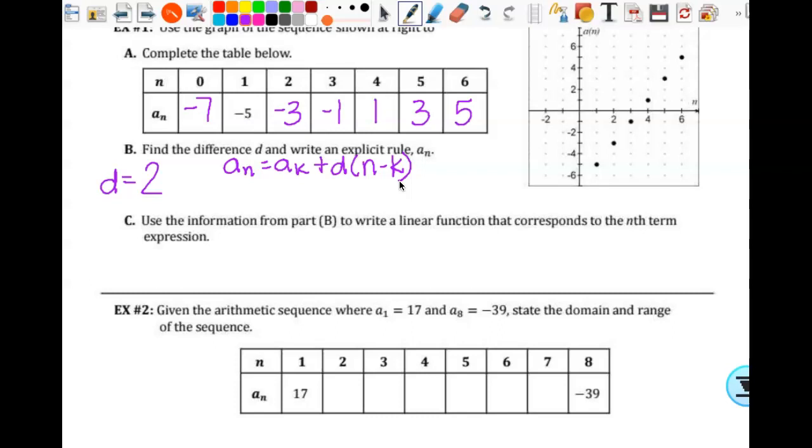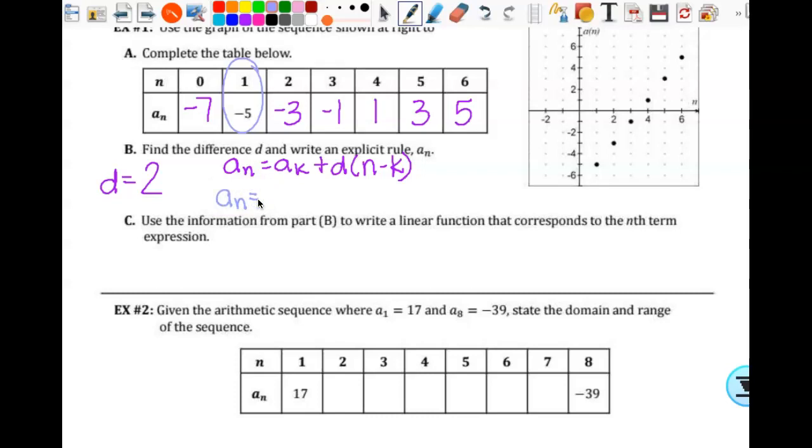But my suggestion to you is that if there is something that you were actually given, use what you were given. Was this pattern pretty simple? Could we still mess up on something simple? Absolutely. If we had a brain fart and one of those numbers is wrong, then we have no hope. So if we use what we were given, we'll have a better chance of not making a weird mistake here. So that means that a sub n is equal to what?